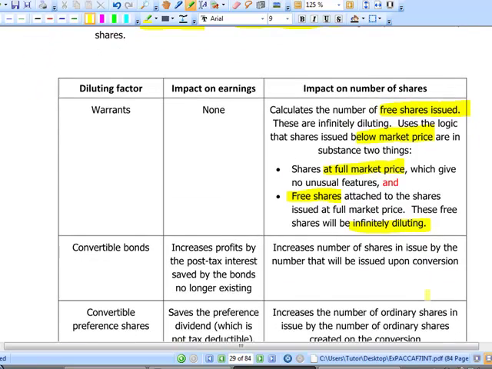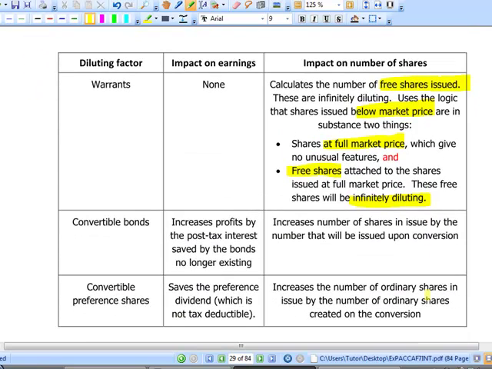Then we might have convertible bonds, which is an examiner preference, if you want. I don't know why, and I will cover it in full when I talk of financial instruments. But it may be tested in calculating diluted earnings per share in the exam. So convertible bonds will lead to an increase of profit. Why? Because I no longer pay interest.